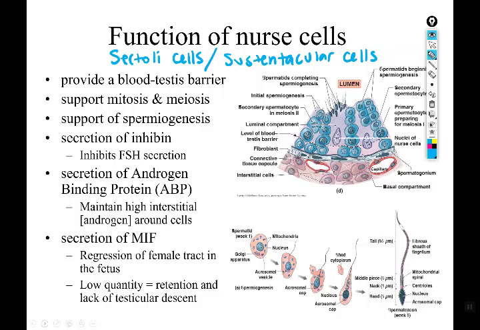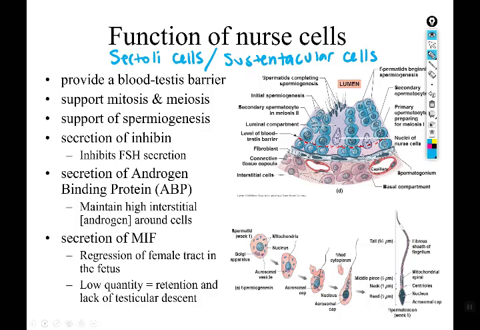So what these do is provide a barrier between the blood and the testis, and you can actually see that right here. So the spermatogonia stay below the blood-testis barrier, and the spermatocytes cross it and go into the lumen. So that allows for nourishment of the developing sperm, but it protects them from toxins and other bad things that would be in the blood.